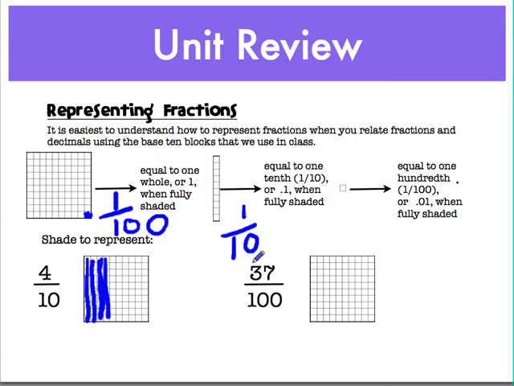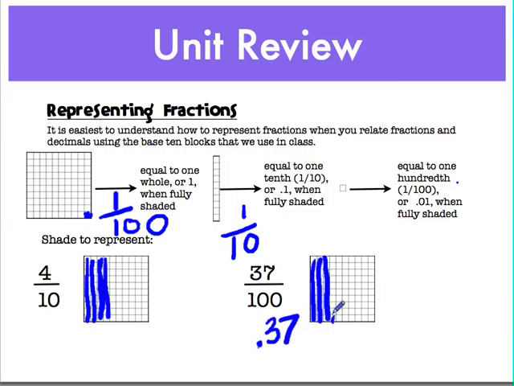It's fine. Now let's shade to show 37/100ths. Well, this is where it does well to know how to convert it to a decimal. We know that a 3 in the 10ths place means 3 longs. And then a 7 in the 100ths place means 7 little blocks.